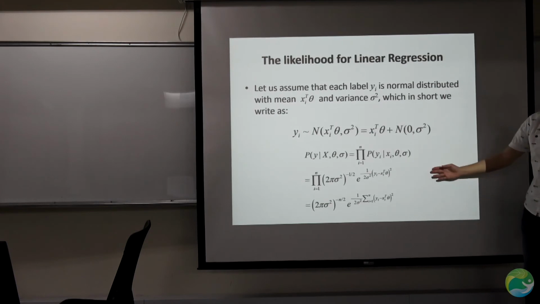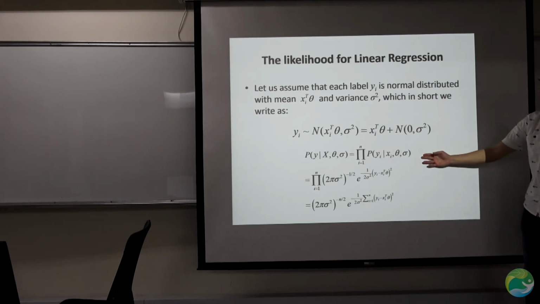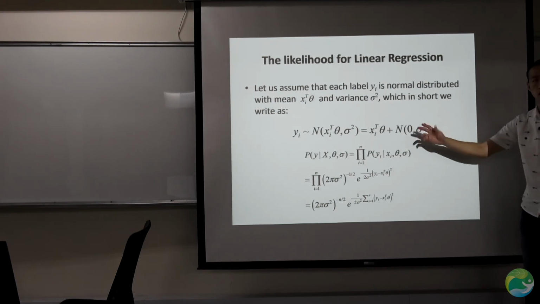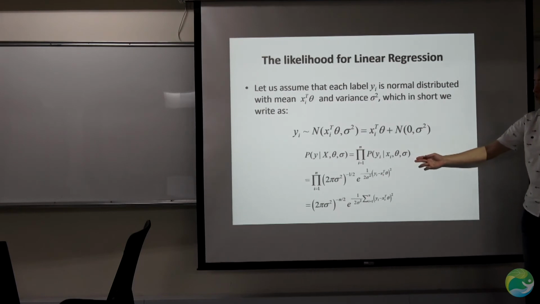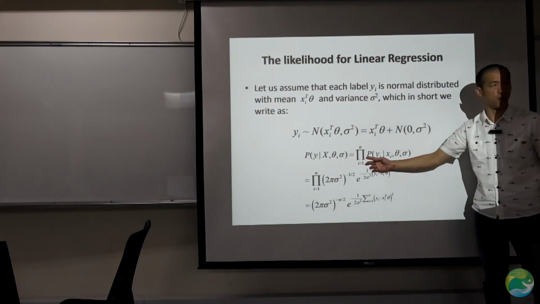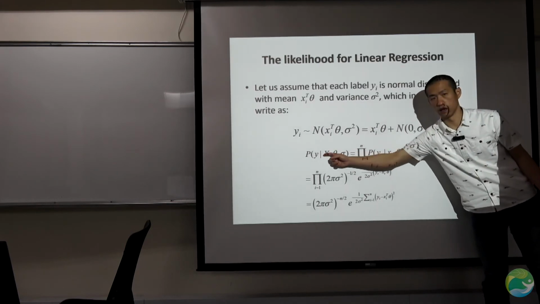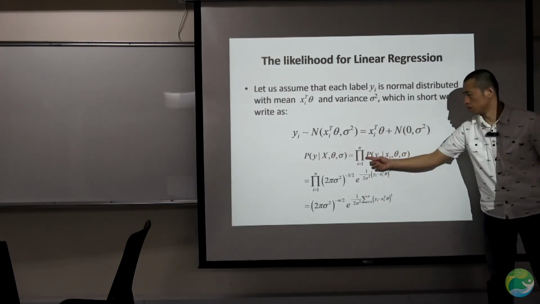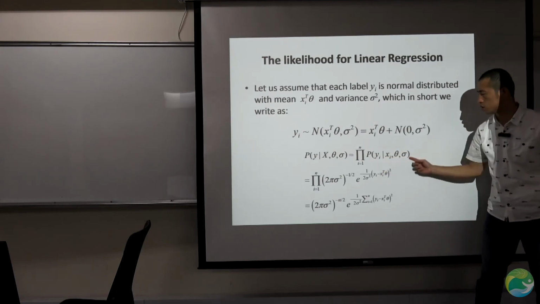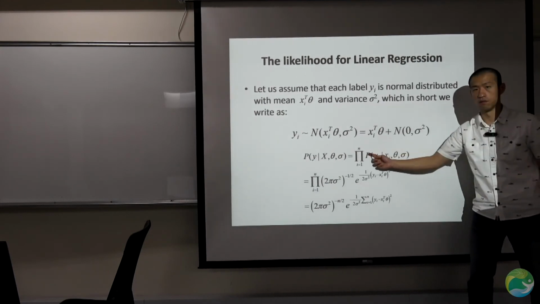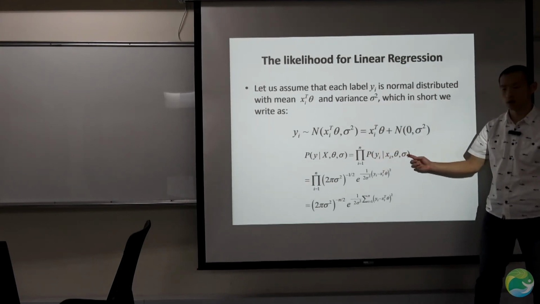So what is the likelihood in this case? As I said, the likelihood and the probability are one or the other. So in this case, we calculate the likelihood value for each observation. So this is the PDF for normal distribution, right?